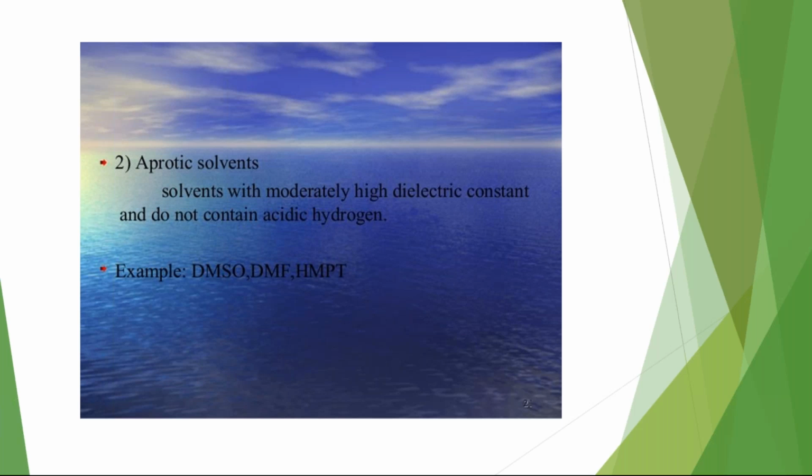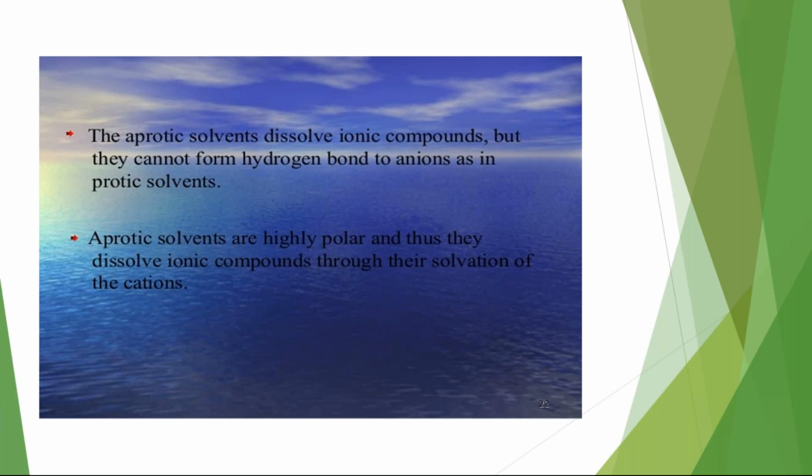DMSO means dimethyl sulfoxide. DMF means dimethyl formamide. HMPT means hexamethylphosphotriamide. So these are the examples of aprotic solvents.